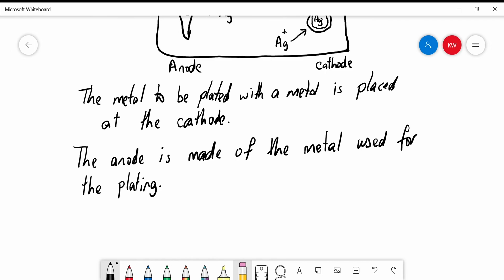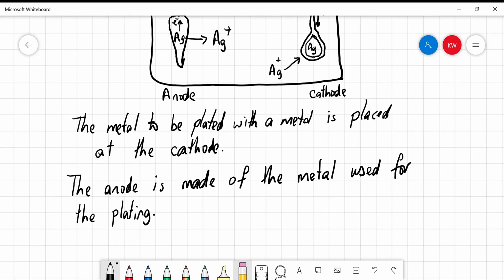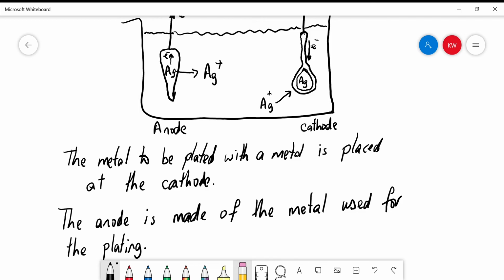Okay, electrolysis can be used to electroplate metals with a surface. So if we want a chrome rim, we put our rim here at the cathode and we'll have our chrome metal here. So we'll have our electrons being drawn out, creating the plus charge.